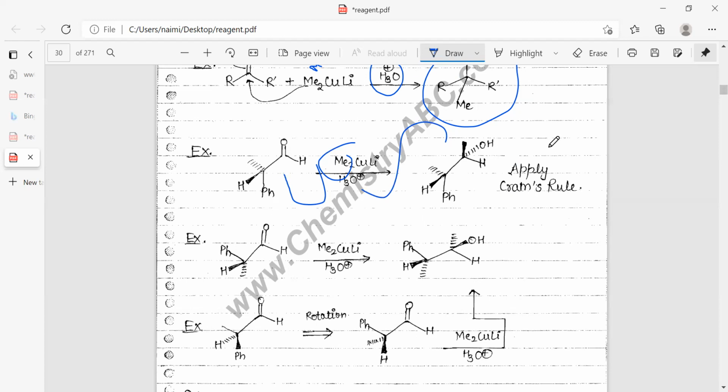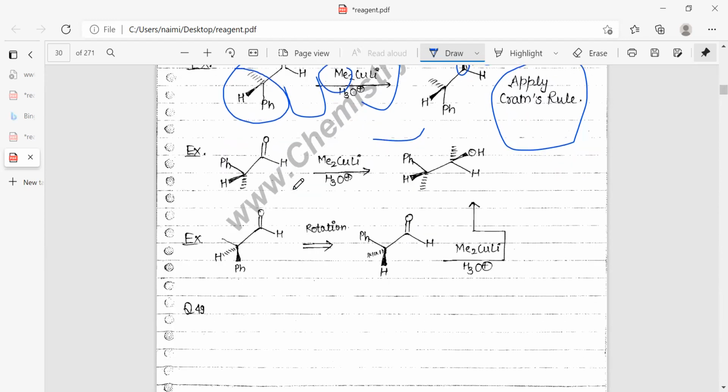According to Cram's rule, the product will be formed. The stereochemistry of this compound remains the same, and since hydrogen is present in the 2D plane, the methyl addition takes place and methyl is shifted to the wedge position. So on the dash, OH will be present. So in this reaction the product will be this one.